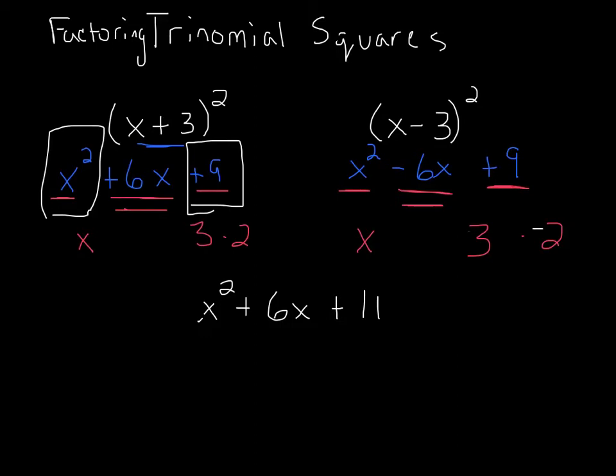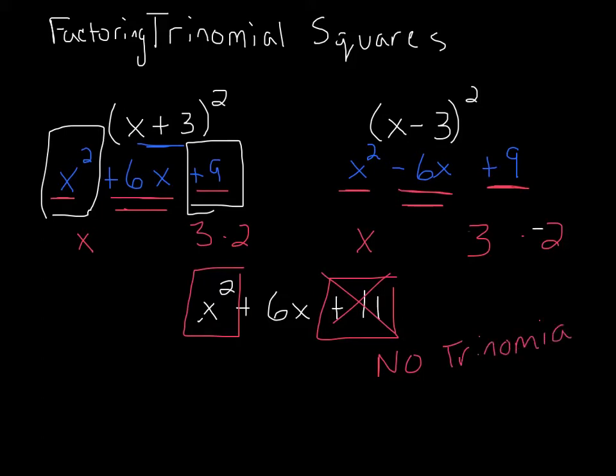Well, we have x squared, that's a perfect square, and it's positive. But we don't have another one. This 11 is not a perfect square. So no, it is not a trinomial square. You're done. It's as simple as that.